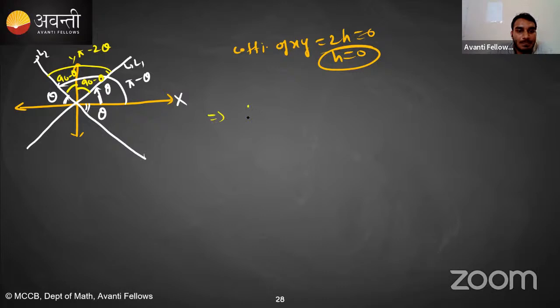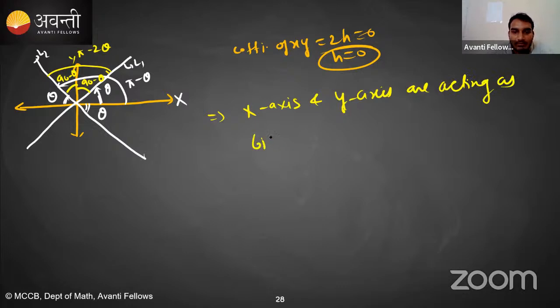So it implies the x-axis and y-axis are acting as bisectors of the lines. Is this clear? Any doubt so far?